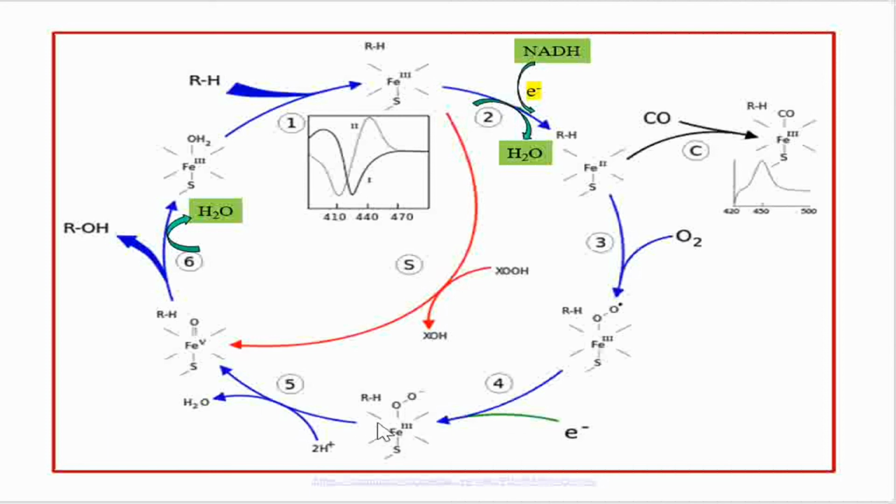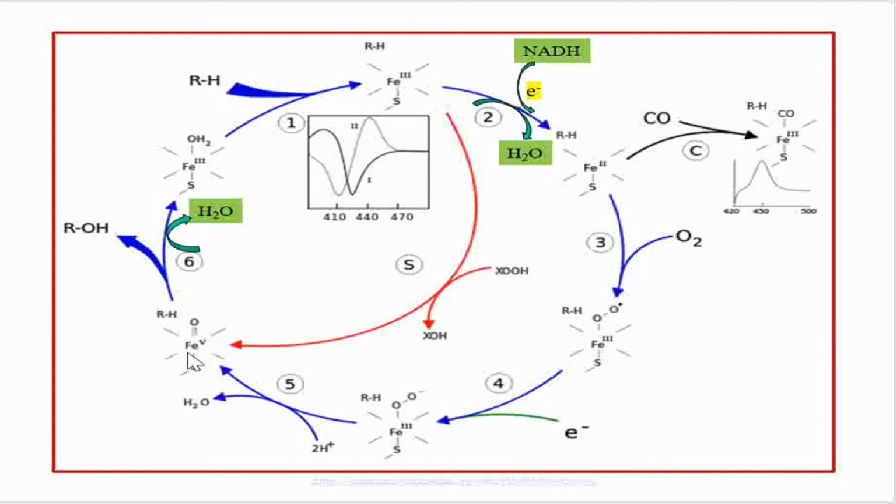During this reduction, this iron 3+ will convert into an iron 5+ complex, and this is an iron 5+ oxo complex, where you will find one oxygen double bonded to this iron, and at one coordination site RH is attached. This is a highly unstable species because of the high oxidation state of this iron center.